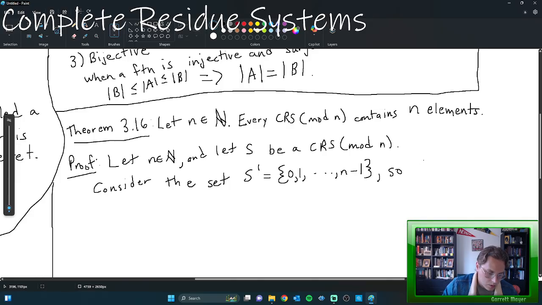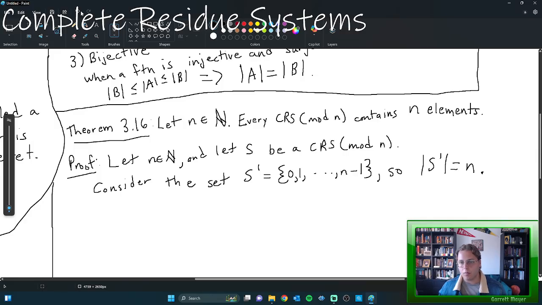So S prime equals n. Also, to think about why it's important to prove this, we should think about the alternative. The alternative would be that there's some CRS out there that has n minus 1 elements, and every integer is congruent to one of these numbers mod n.